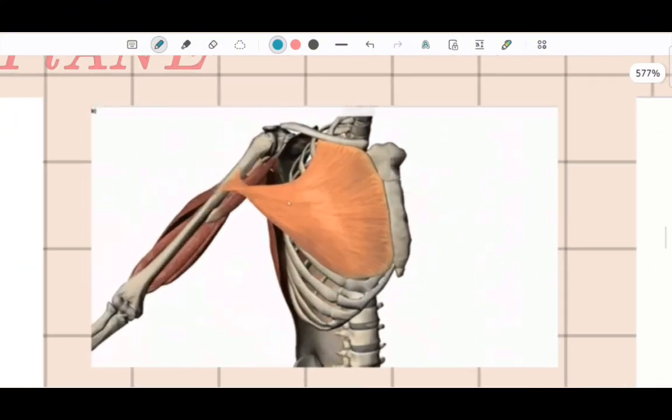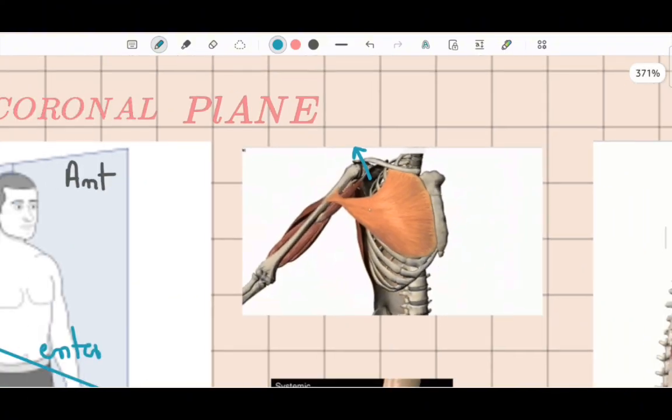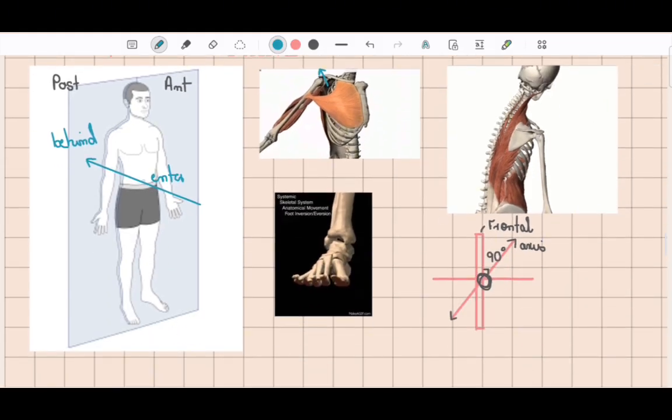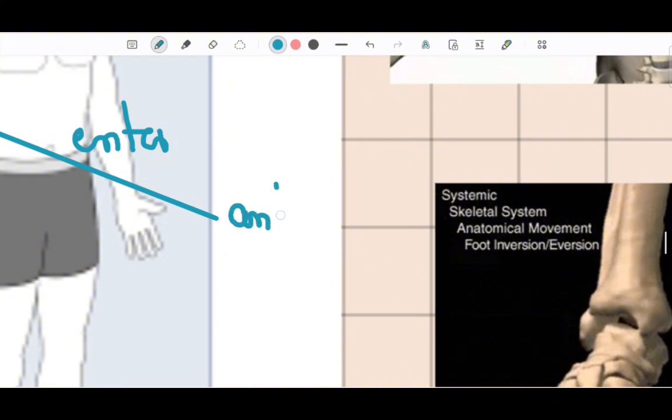So if you draw a line over here, remember one thing, the elbow joint is a multi-axial joint, so it includes the longitudinal, the horizontal, and this what we call it, also the horizontal axis. It's also the horizontal axis, but it's the antero-posterior axis.